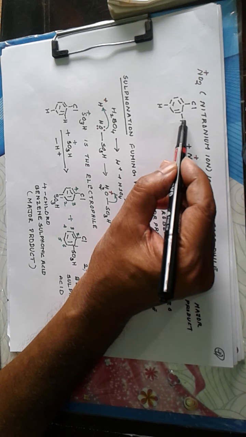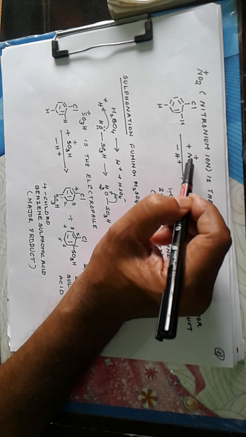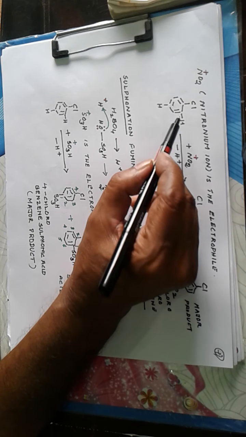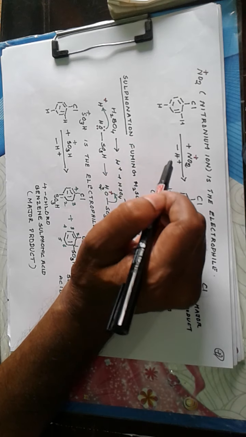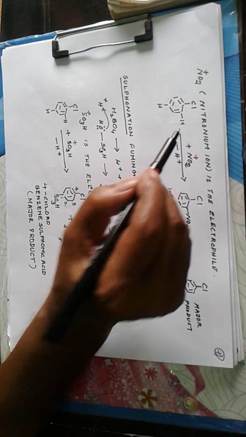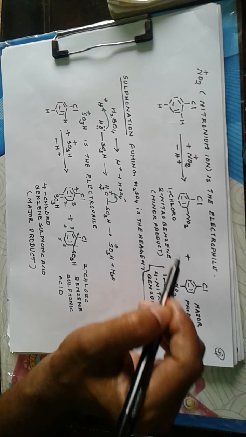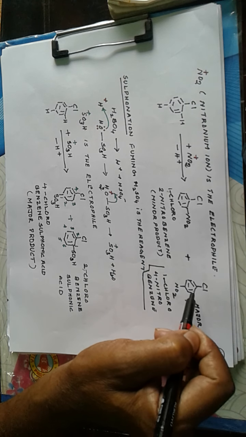We get a replacement of hydrogen, as H positive is removed and NO2 positive enters this ortho position. Here also H positive is removed and NO2 positive enters this position, and we get 1-chloro-2-nitrobenzene and 1-chloro-4-nitrobenzene. The para isomer is the major product, as I have told you earlier, maybe due to the very small partial positive charge in the para position exerted by the minus I effect of chlorine.